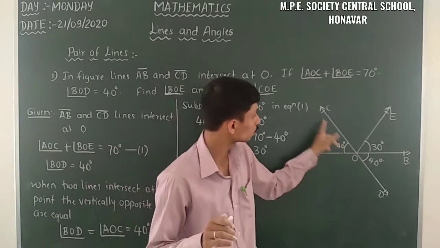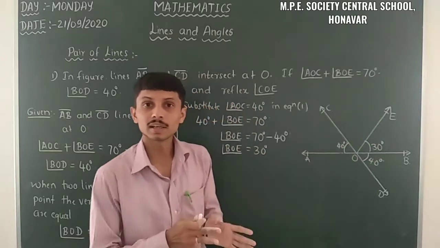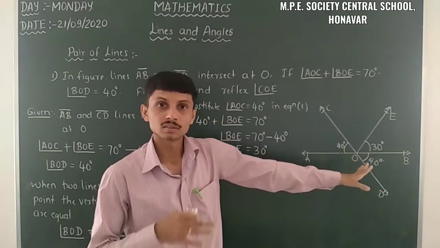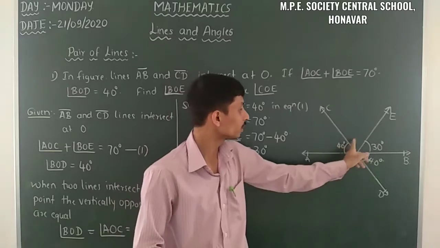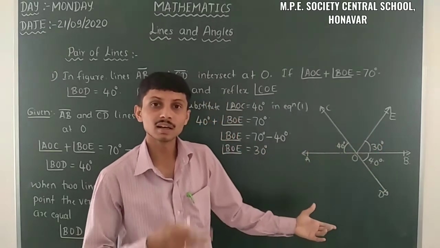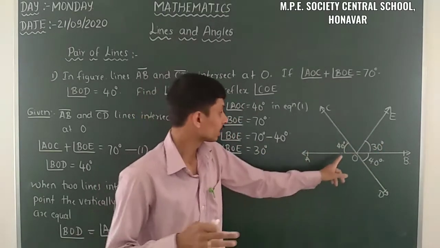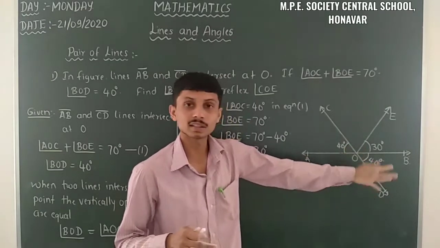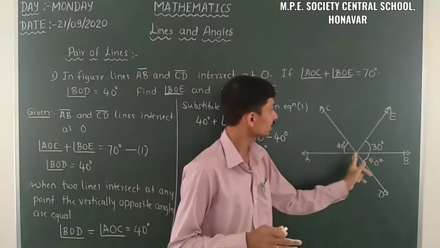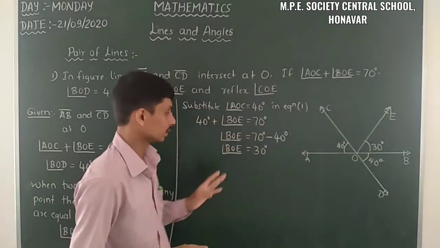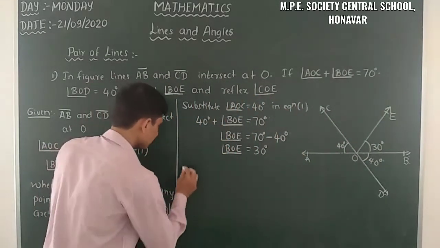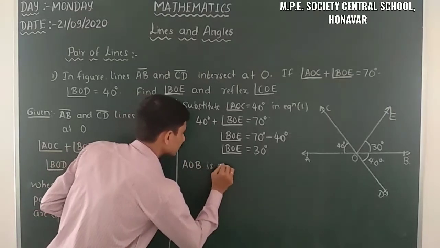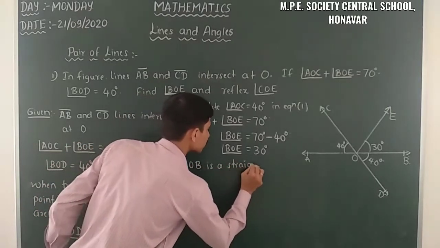That means two rays stand on a ray, and the sum of the angles between the rays we can take as 180 degrees. So here 40 plus this angle plus 30 is equal to 180 degrees. Then we can get angle COE. So here we have to write that AOB is a straight line.